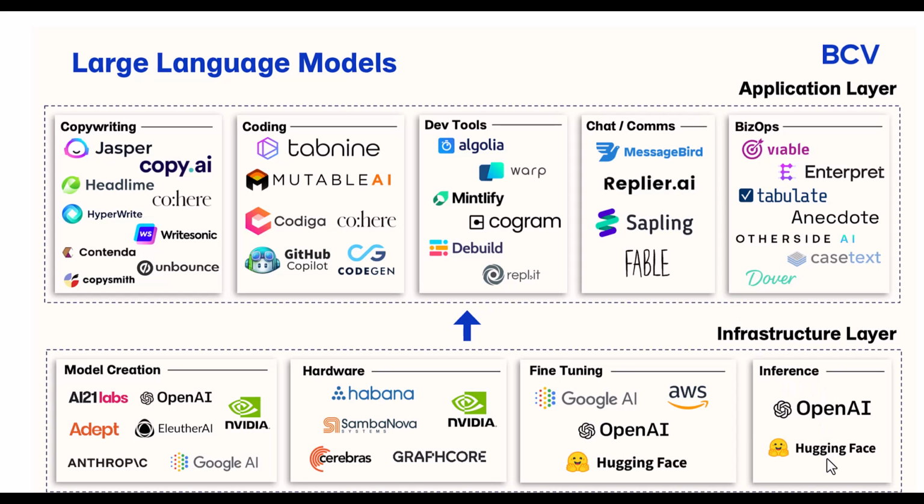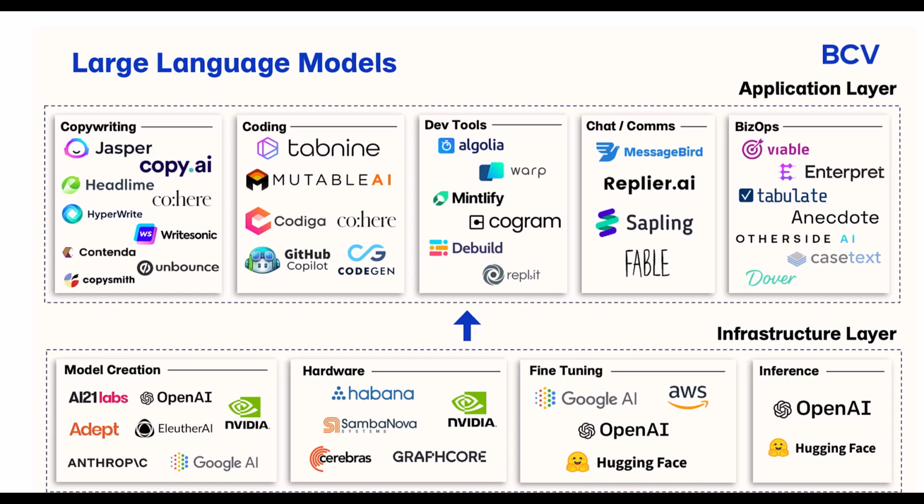Some infrastructure layers are here, like OpenAI and Hugging Face, which power fine tuning and inference. The leader of the hardware is NVIDIA here, and NVIDIA has also been creating NLP models. The other major companies for NLP models are Facebook, Google, and OpenAI, and some other companies which are making advanced NLP models.